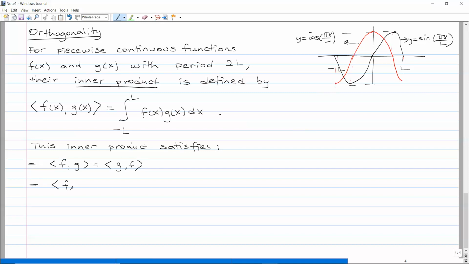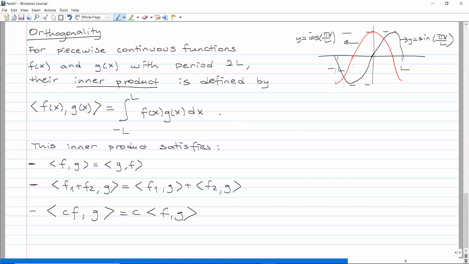Also, if you take a sum in one of the functions, you can distribute the inner product over the sum, because inside the integral, for f1 plus f2, you can distribute f1 g plus f2 g, and you can distribute the integral over the sum. And if you multiply the function f by a constant, you can take the constant out, because you can take constants out of integrals.